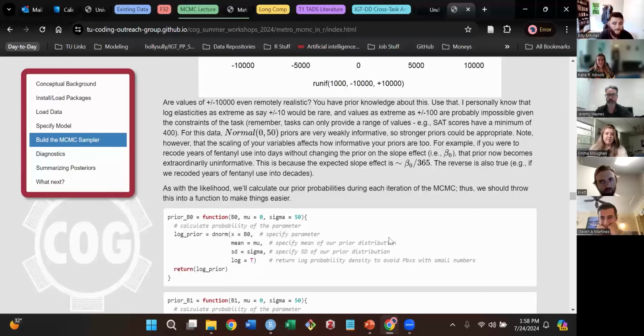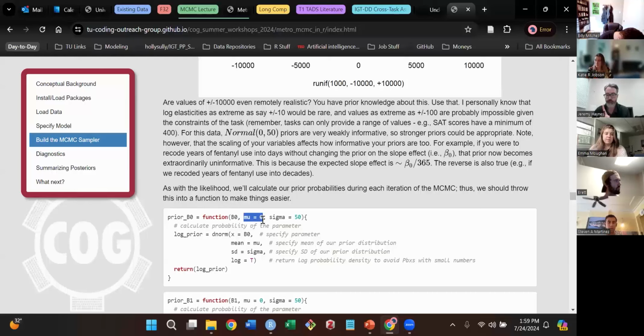Okay, and so this is how we're going to throw our priors or program our priors. Again, we're doing this as a function. Here I have the prior for the intercept. In the function, we're giving it a single value for that prior.